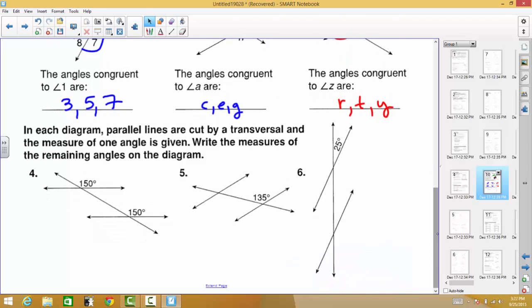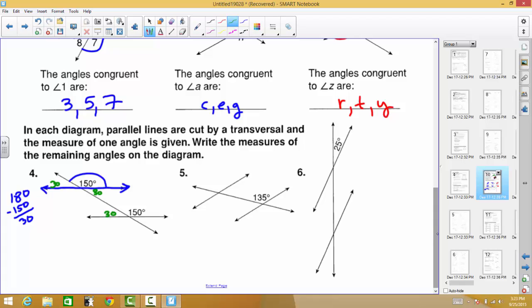Okay, this time we're going to find the measure of all of the rest of the angles. So if this is 150, we know that these two form a 180 degree angle. So 180 minus 150 is 30. So this would have to be the 30-degree angle. And then these are vertical angles, and this comes over here.